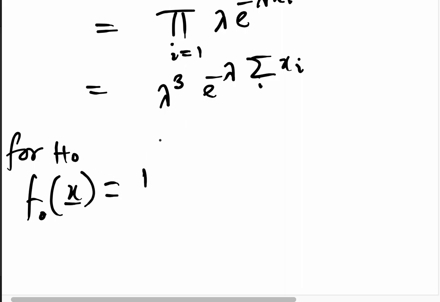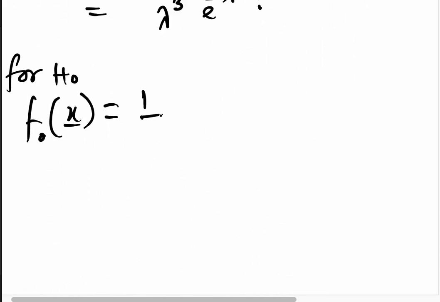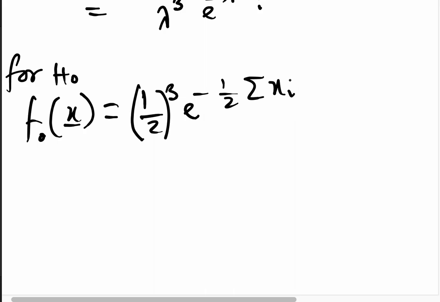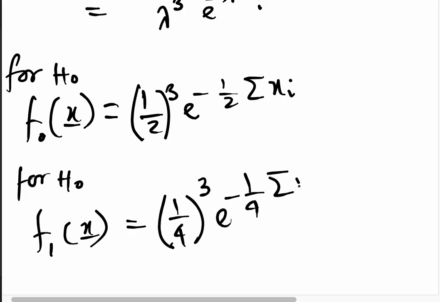Since H0 is lambda equal to 1/2, it is (1/2) cubed e to the power minus 1/2 summation xi, and under H1, the joint distribution will be, this is 1/4, so (1/4) cubed e to the power minus 1/4 summation xi.